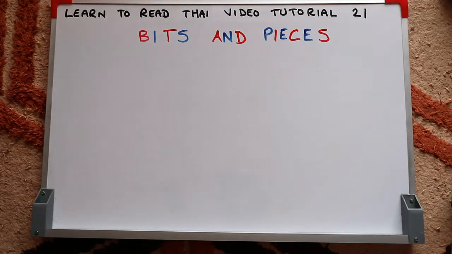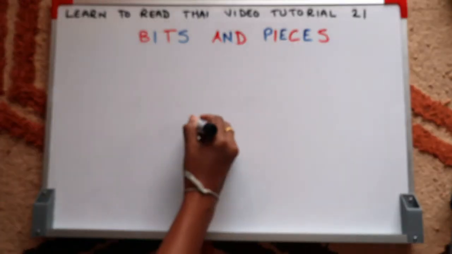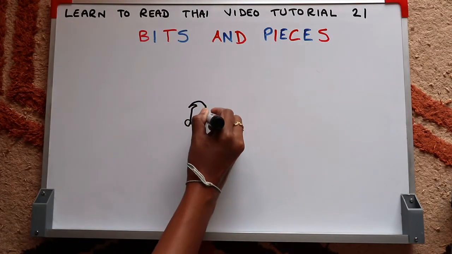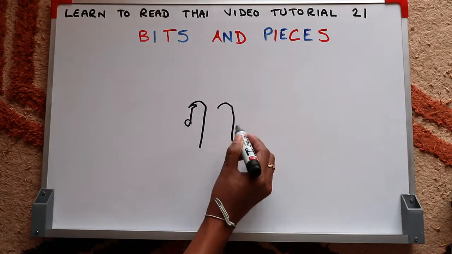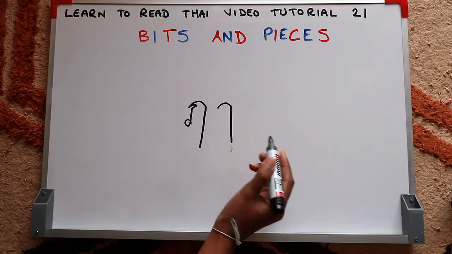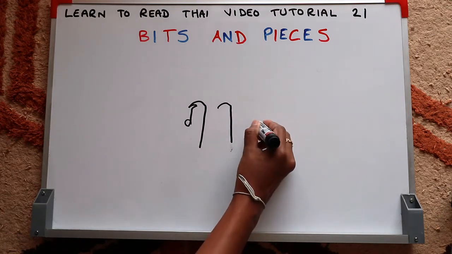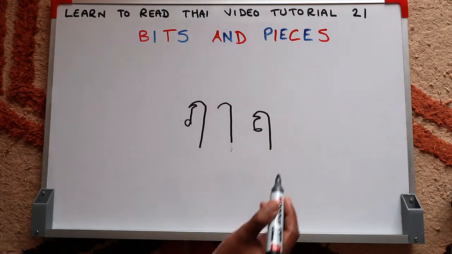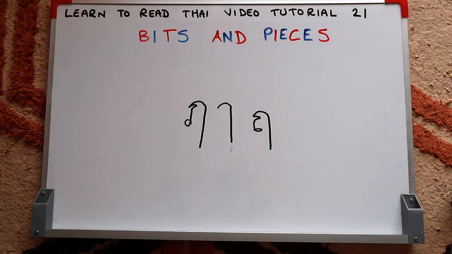Now on to something else I wanted to mention. There are a few strange characters in Thai. Now when you look at normal lists of vowels and consonants, these characters don't appear. It's only when you go into sort of more advanced resources that you come across them.